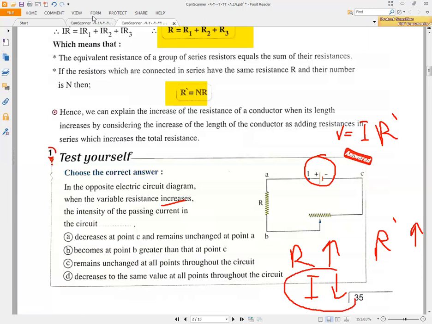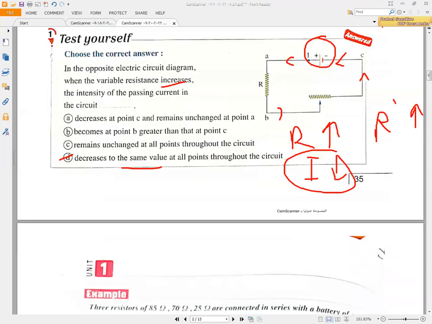The current at point A is the same at point B, the same at point C, until it returns to the battery again. They are connected in series. So it will decrease to the same value at all points.